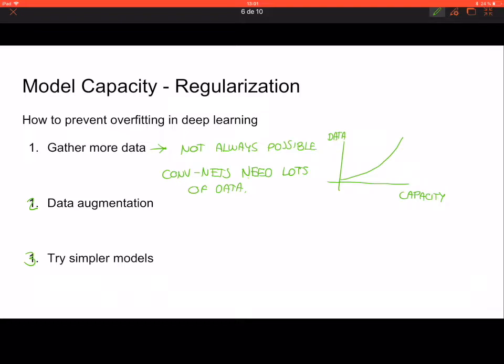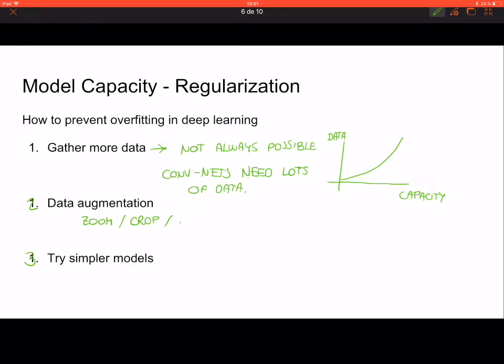Another solution would be to do data augmentation. And you can think of having, again, a classification task. We want to classify images depending on what objects they show. And what you could do is basically maybe zoom in, or you could crop the image.